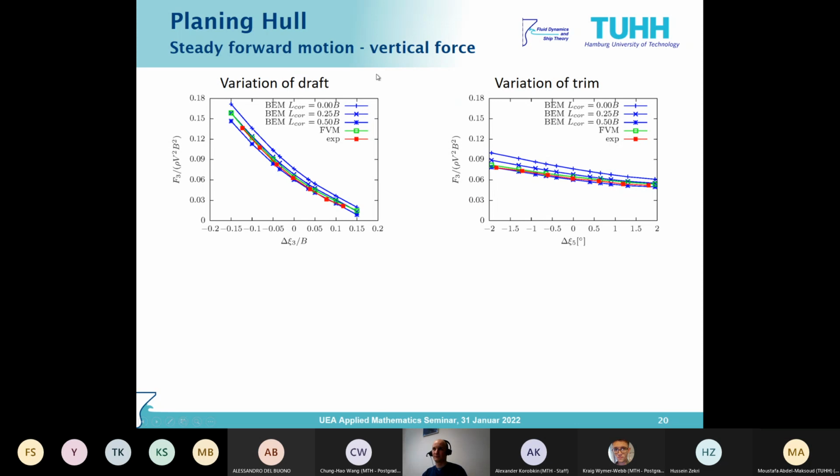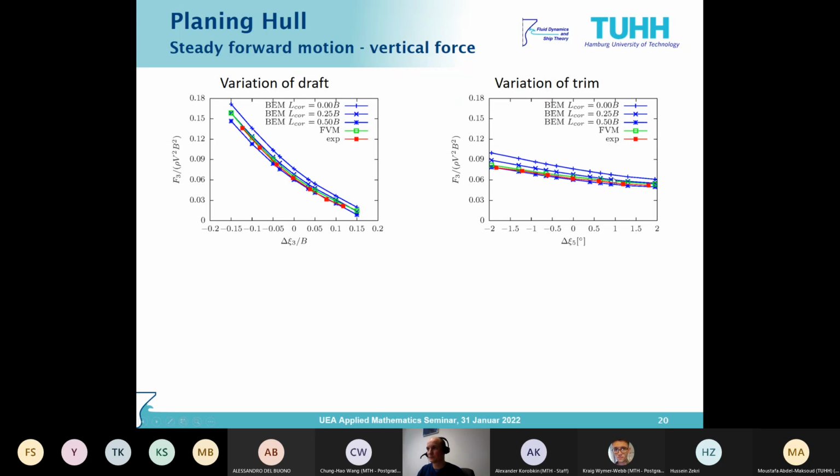Okay, so here is first the vertical force, and what we can see is that for zero correction, the force is overestimated by our method. But as we can expect, if we increase this correction length parameter, this curve will move downwards, and there is maybe some optimum parameter here where we will actually get quite a good result.